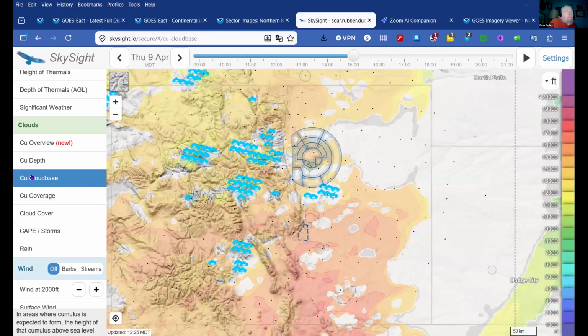So where the cumulus is expected to form, what is the height of that above sea level? And gray. So this is saying, for instance, up in here, that cloud bases should be around 13,000, and the gray is saying not as much certainty that there will be clouds, but you might expect to find clouds in that gray area.